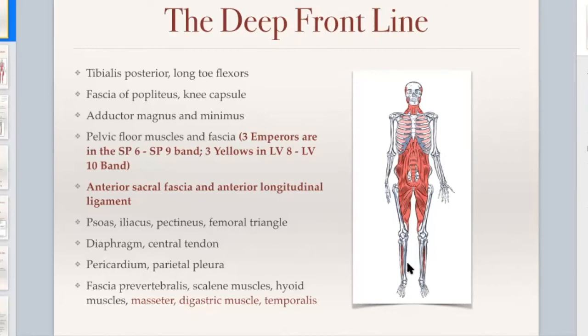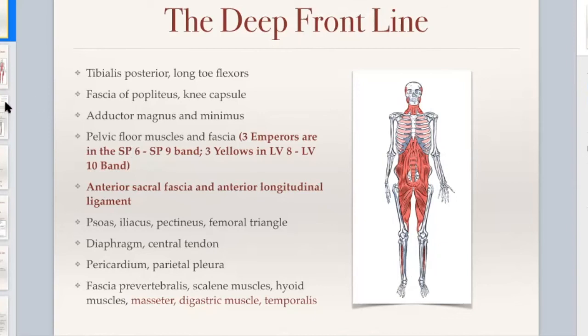We don't do any liver points in Master Tung system on the lower leg. We do them here in the medial thigh, or we do the points on the feet. So all those points in the lower leg get basically consolidated into the lower three emperors in 77.21. Now, how do we relate that to the deep front line?